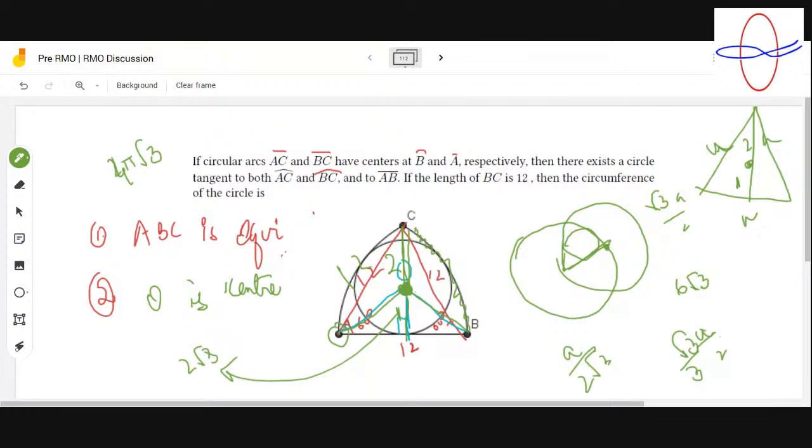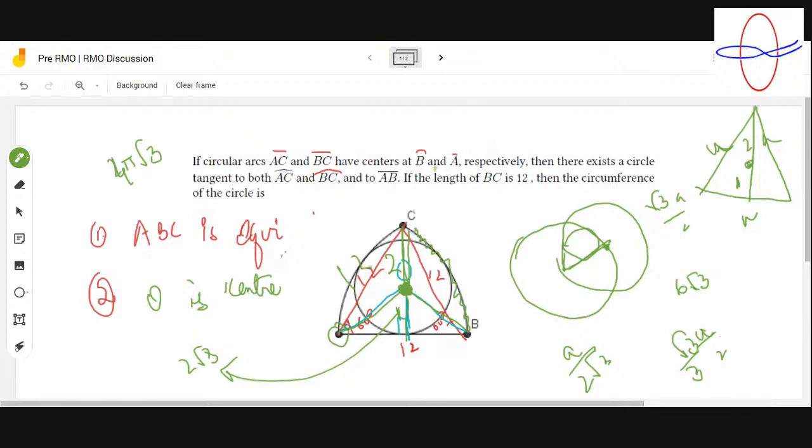That's true. You have to prove that it passes through O actually. The perpendicular from C to AB actually passes through O. That's my point. That's what you have to prove, okay?